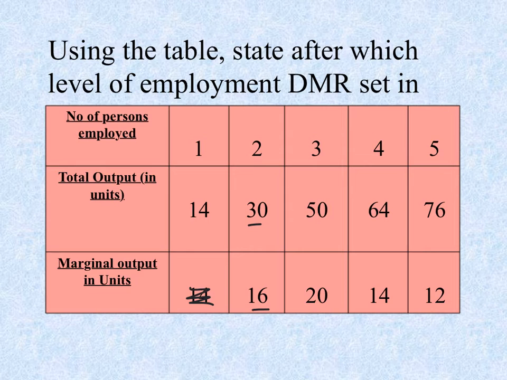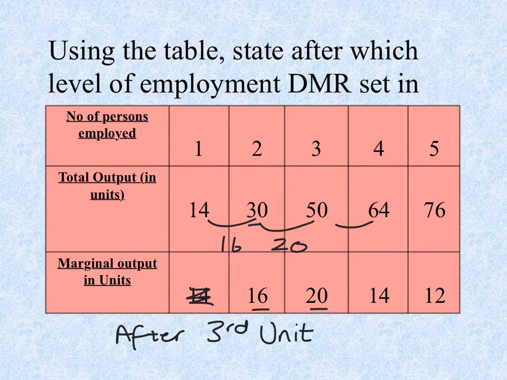Then on the third person, total output in units over the 3 people is 50, and the marginal output, so the change, is 20 units. So that's 20 there, this is 16, and this one here is 14. So we can see it sets in after the third unit, that's when the third person is employed, or we can say on the fourth unit.